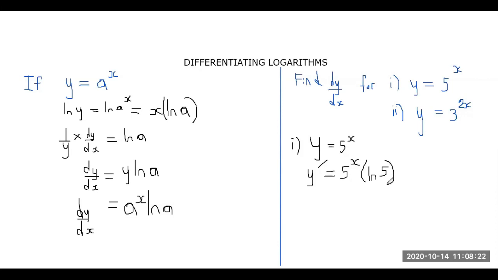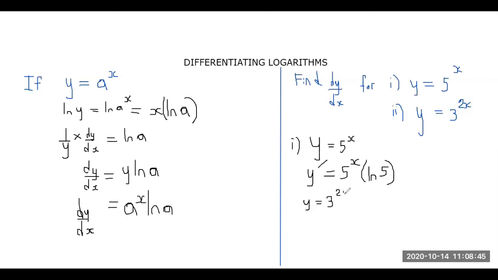Now question 2 is a little bit different. It asks y is equal to 3 to the power 2x.